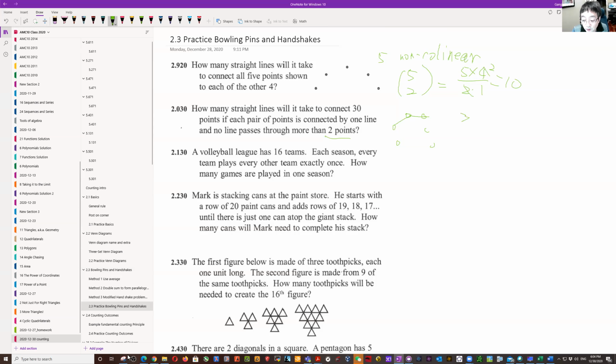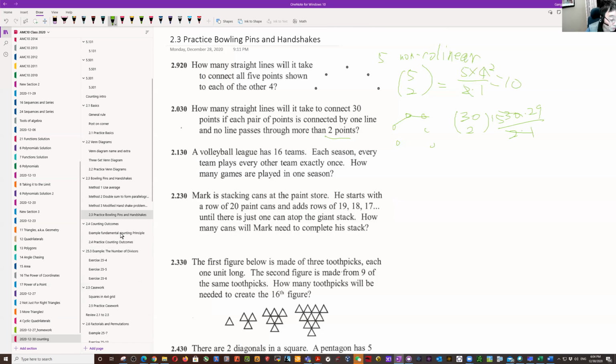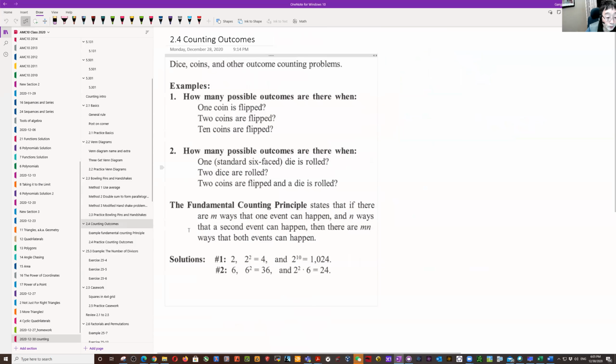So basically, it's 30 choose 2. That's 30 multiplied by 29 over 2 multiplied by 1, so that's going to be 15 multiplied by 29. It's quite a big number. These are the problems where you just view them as a choosing problem.